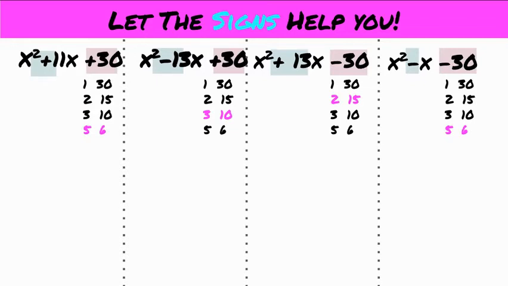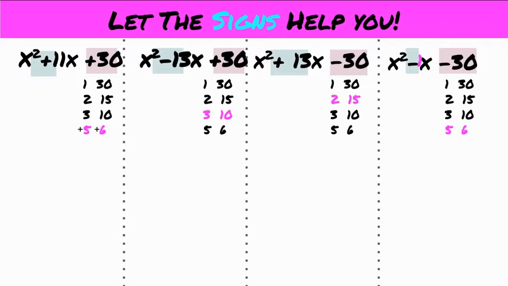So to multiply, we're going to have the same signs. And in particular, we're going to have 2 positives because we need to add up to a positive 11. So my winning pair is that bottom one with a positive 5 and a positive 6, because that pairing multiplies to equal 30 and adds up to the positive 11.